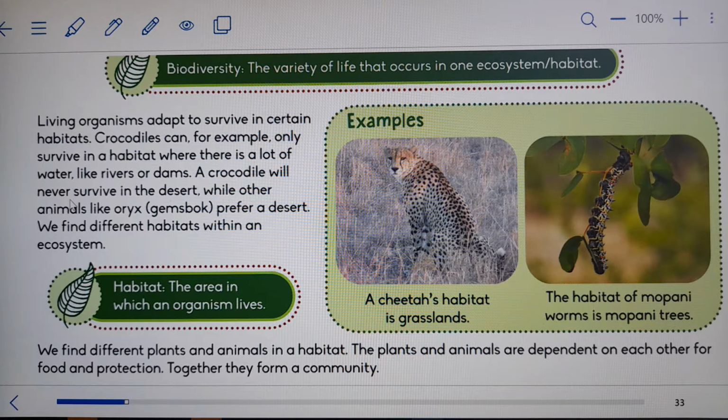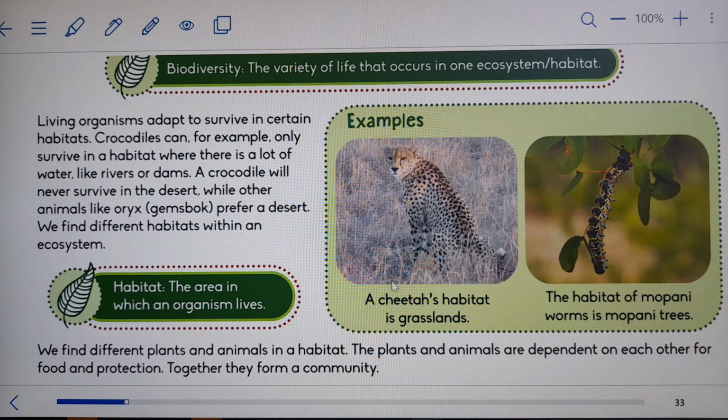A crocodile will never survive in the desert, while other animals like the gemsbok prefer a desert. We find different habitats within an ecosystem, and they define a habitat as the area in which organisms live.